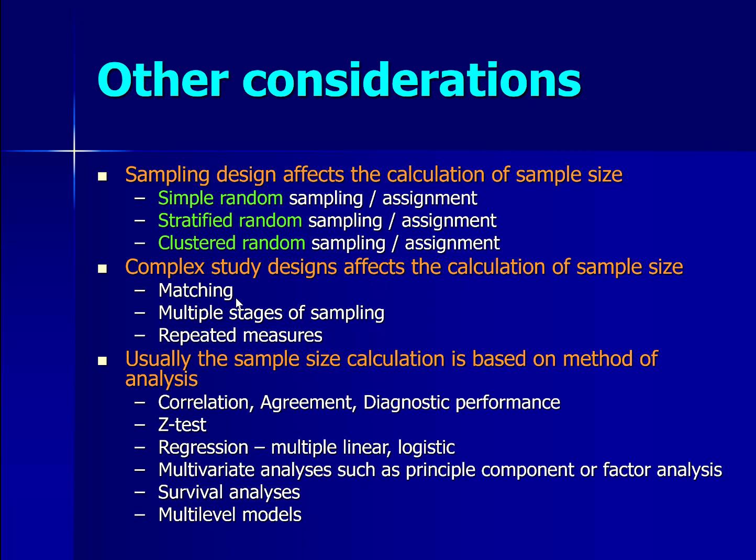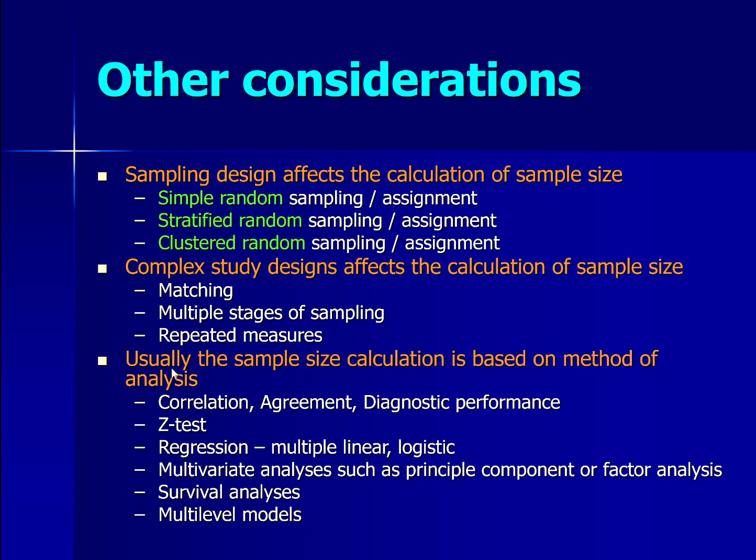For example, if we do a matching between groups or do a multi-stage sampling, a very complex survey sampling, or repeated measures, this will lead to a complex calculation of the standard error that will be used for the confidence interval estimations or the hypothesis test to get a p-value.